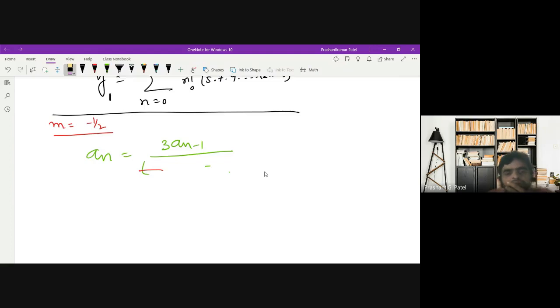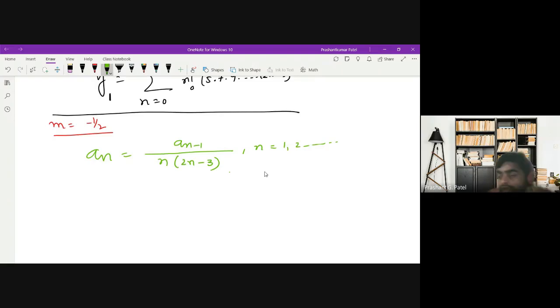Yes, has anybody calculated, or are you sitting idle? This is (minus 1)^n into (2n minus 3), with n running from 1 up to so on.